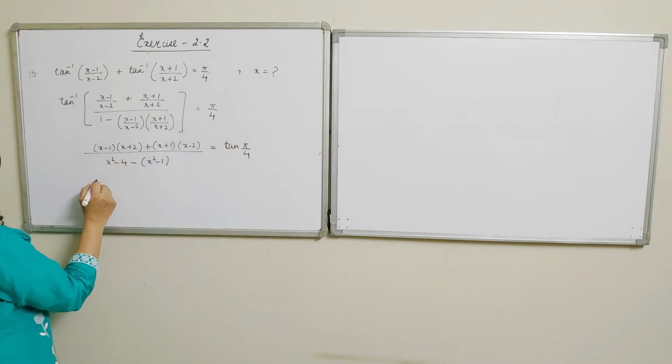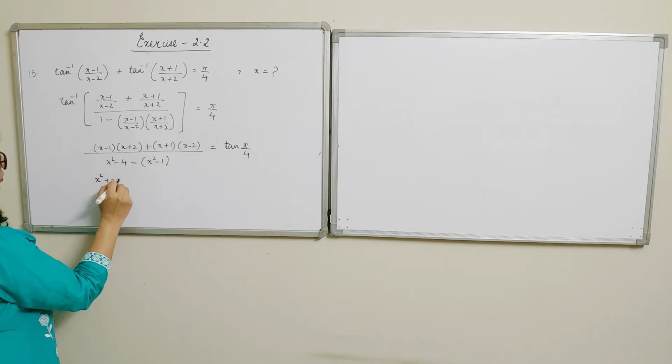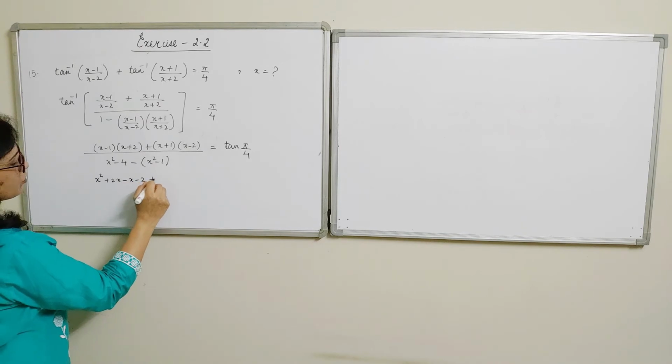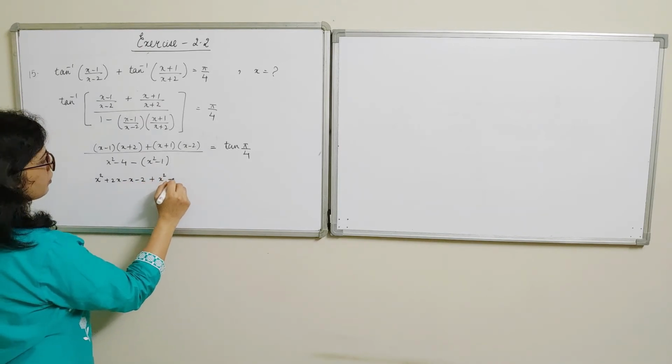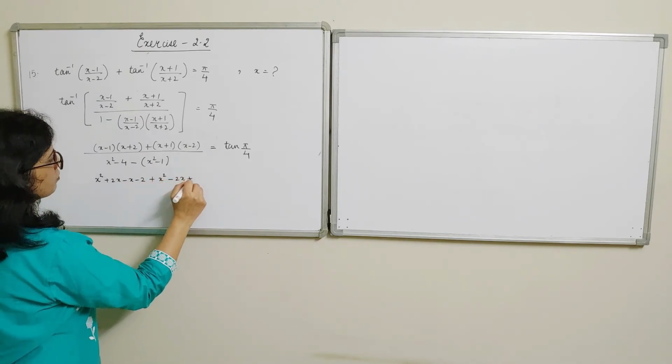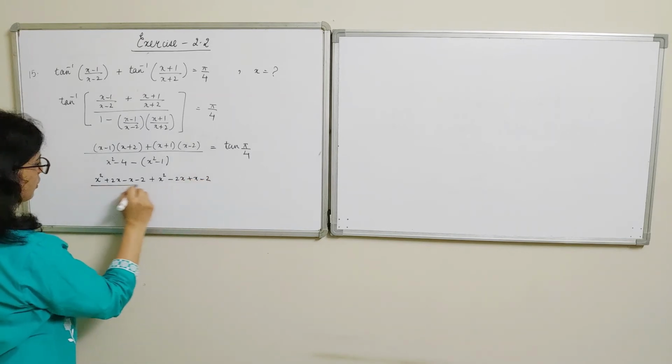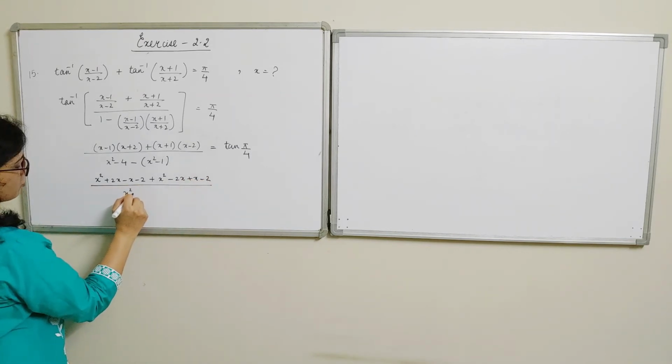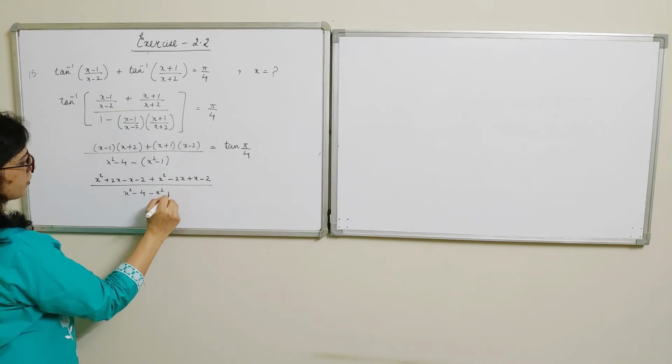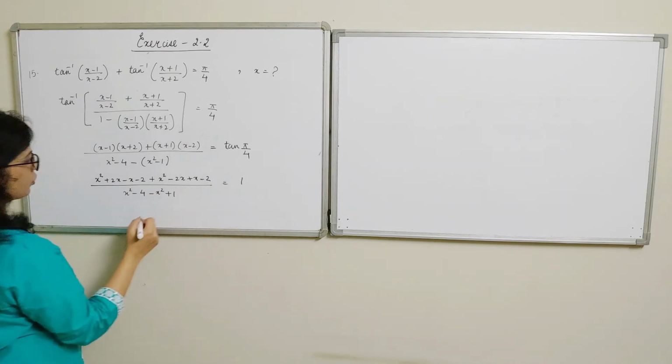So multiplying we get x square plus 2x minus x minus 2 plus x square minus 2x plus x minus 2 upon x square minus 4 minus x square plus 1, which is equal to 1.